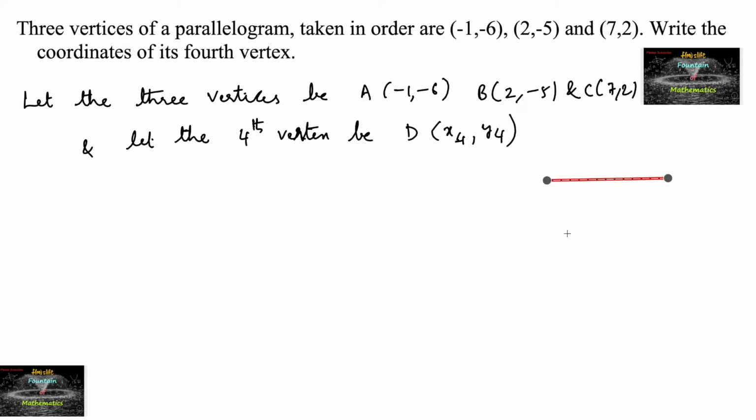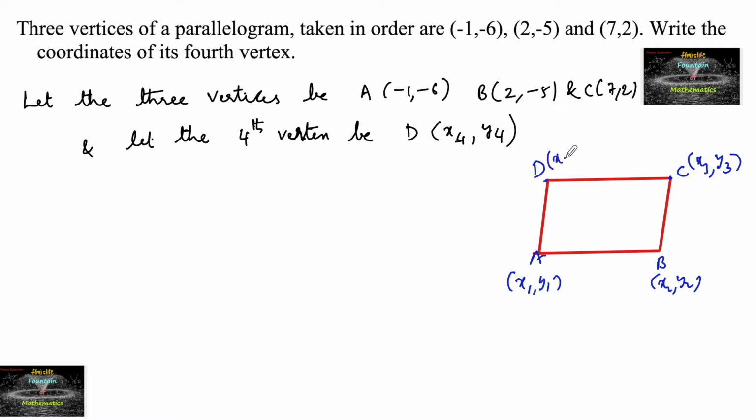Since we know that in a parallelogram ABCD, if x1, y1 and x2, y2 and x3, y3 are the three vertices and the fourth vertex is x4, y4, then we can write it as: x4 is x1 plus x3 minus x2, and y4 is y1 plus y3 minus y2.